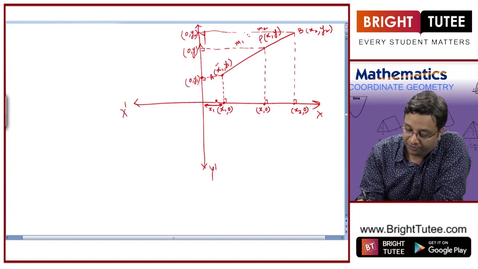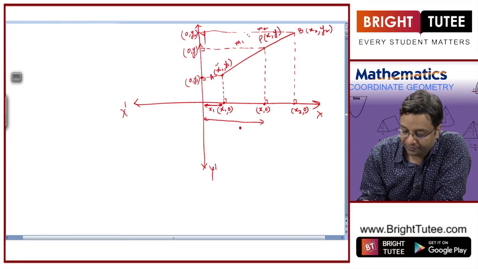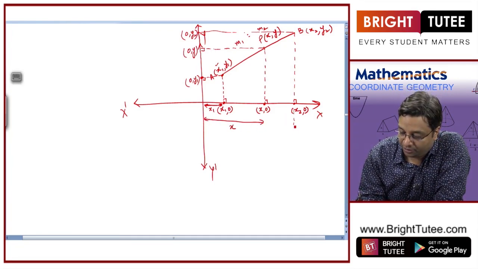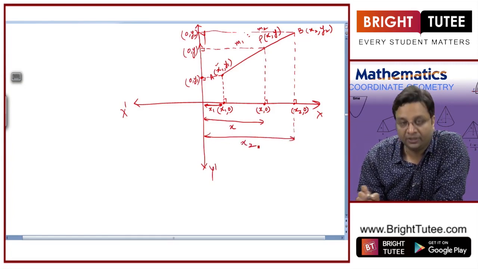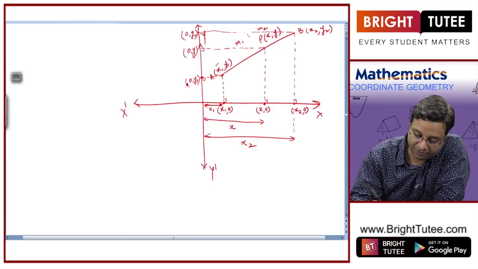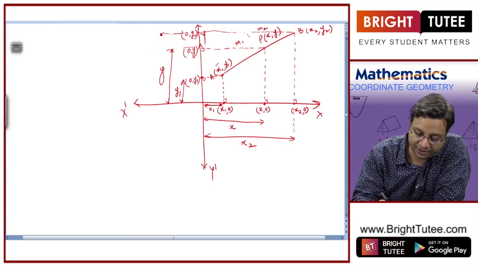So this distance is x1, this is x, and this is x2. Similarly, on the y-axis, this distance is y1, this is y, and this distance is y2.